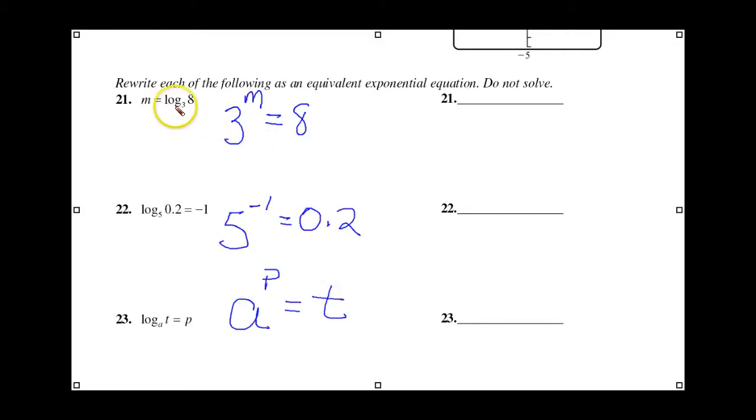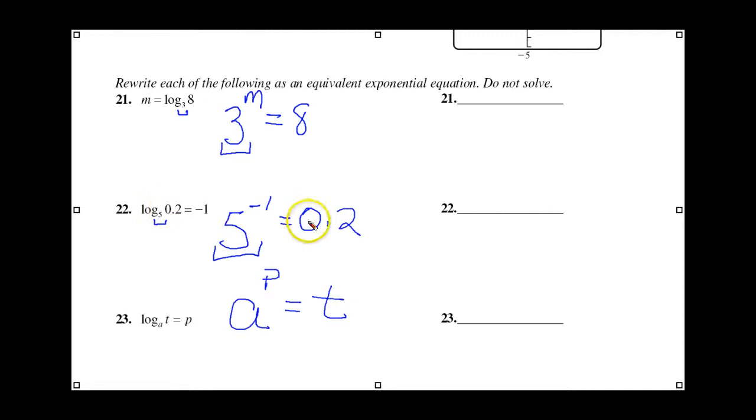And here again, a pattern would be, there's our base. It's going to equal 8, and m is our exponent. Our base is 5.